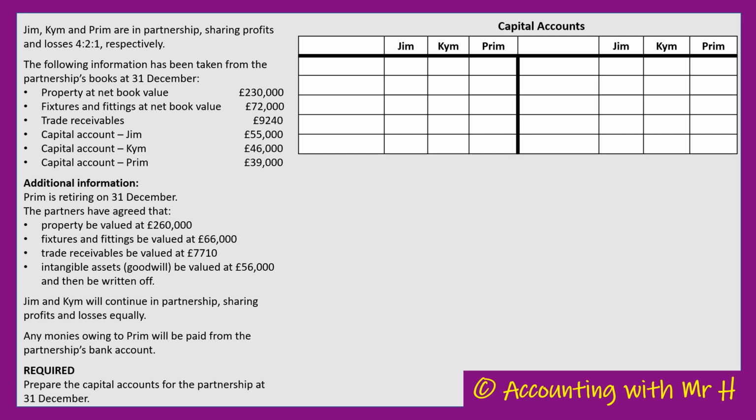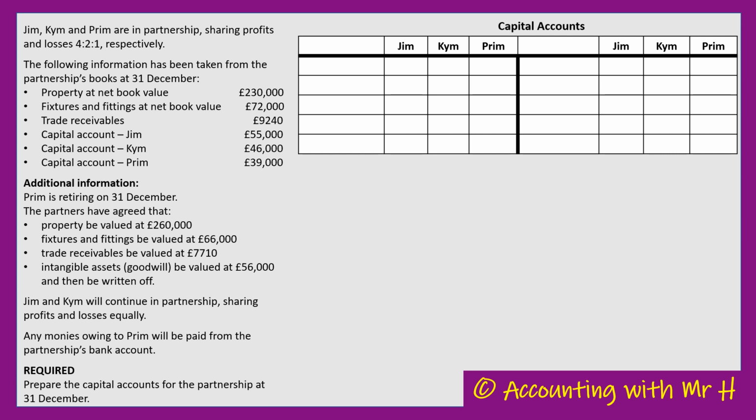And then they've given me the balances of each of the partners' capital accounts. Additional information, Prim is retiring on the 31st of December. And the partners have agreed the next 4 bullet points, what we call valuations. That's something I'm going to pick up in a minute as we move on to the next slide.